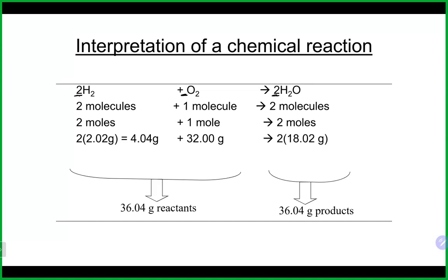We could also use what is sometimes referred to as the mole to mole relationship, and say 2 moles of H2 react with 1 mole of O2 to give 2 moles of H2O. These numbers are simply the coefficients. There's no magical place they come from, other than after you balance the equation, they're just the number in front of each formula. There's no calculation to figure out those numbers. You just need to make sure it's balanced.